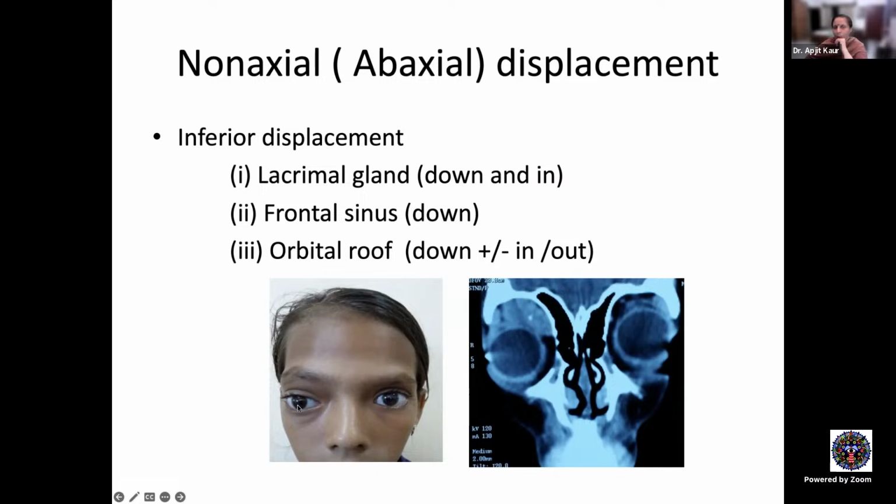This eye is pushed downwards, and here on scan is this huge lesion in the upper part. So inferior displacement will occur whenever a lesion is in the upper part. If it is directly upper, it will get pushed directly down. If it is in the superior medial part, it will get pushed down and out. And if it is in the superior lateral part, it will get pushed down and in.